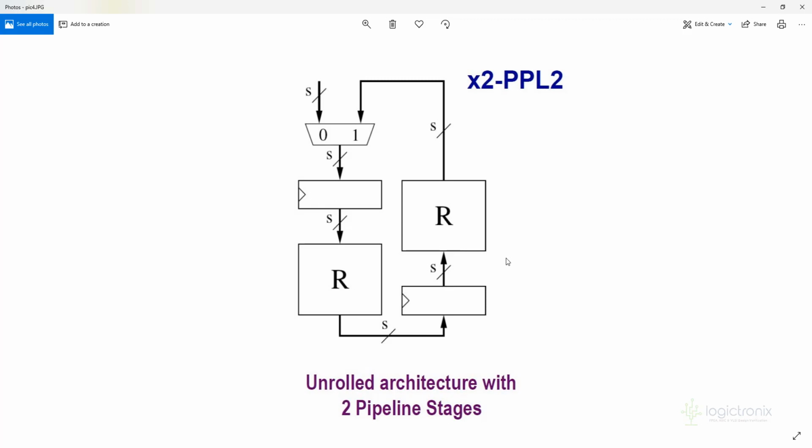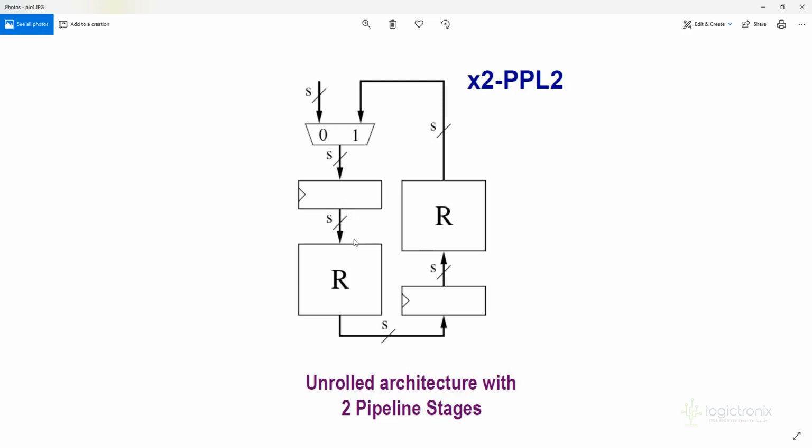This is a pipeline architecture with not full unrolling, but maybe half unrolling or quarter unrolling, and this is that sort of architecture. In this case there are two pipeline stages. Here are two rounds, and so two pipeline stages, and there is a register in between.